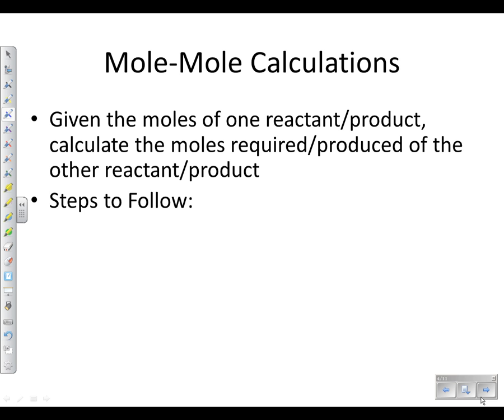So, there are 3 steps that we go through. 1, balanced equation. The balanced equation tells us the ratio of the different parts of that reaction, so we have to start there, right? You start making a cake with a recipe.